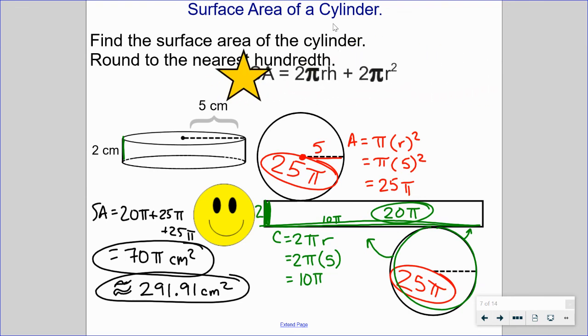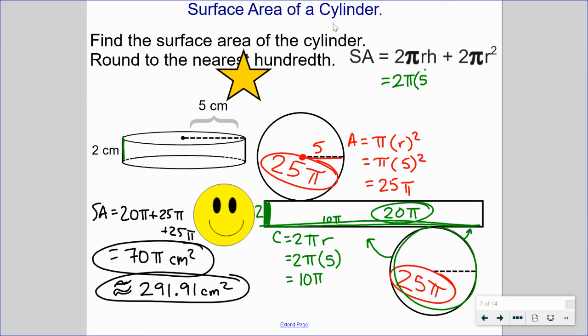Meanwhile, if you must, you may use the formula. Understand, if you watch the colors, understand where this comes from. The circumference of that circle multiplied by the height will give you 2 times 5 is 10, times 2 is 20, 20 pi. Gee, that sounds kind of familiar.